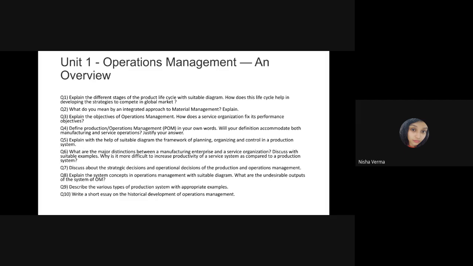Let me tell you some points on input and output. Input to a system is in the form of raw material, labor, equipment, machines, facilities, energies, information and technology. Machines and materials constitute the main part of the resource input required by the production system.